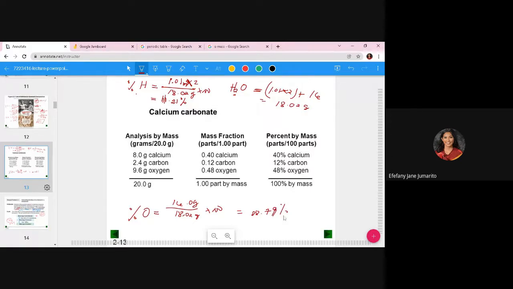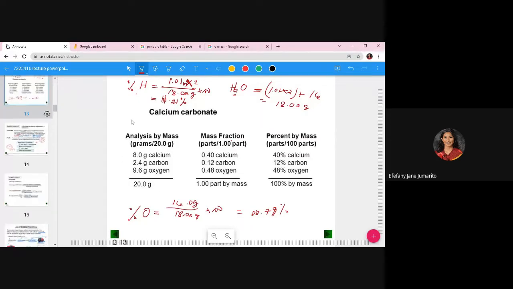So you can still check your answer. Your answer should total 100%. In water, you have more oxygen than hydrogen.